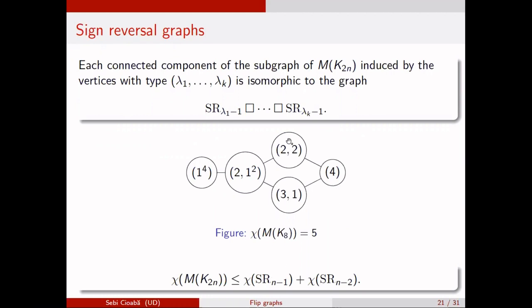And here, you can color with the colors from the sign reversal of n-1, and then you can alternate. It's not a super strong bound, but it will give you the bound in the situation when n equals 4. So the chromatic number of MK8 has a theoretical upper bound: I think 3 plus 2 or something like that. Yeah, 3 from here and 2 from here, and you get a chromatic number of at most 5. Okay.